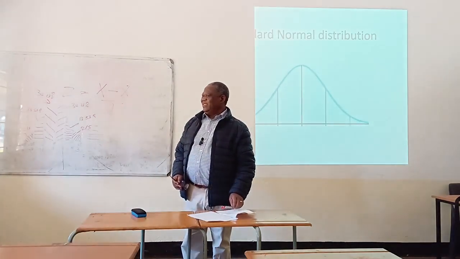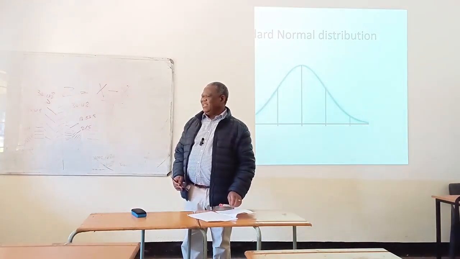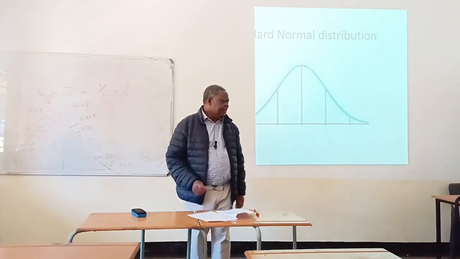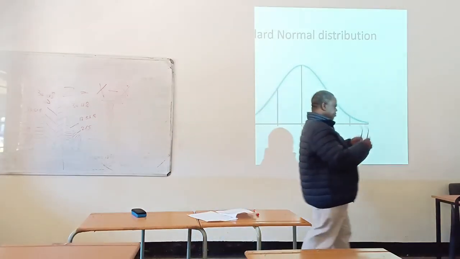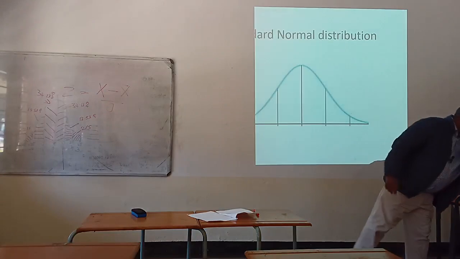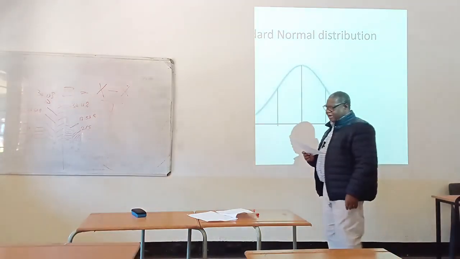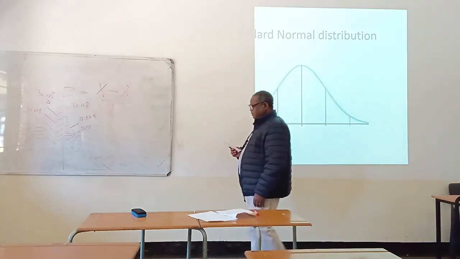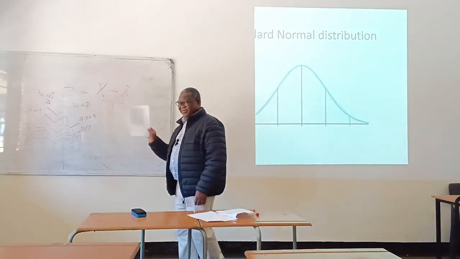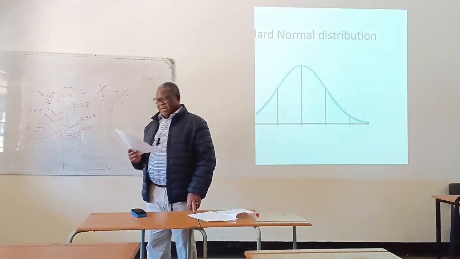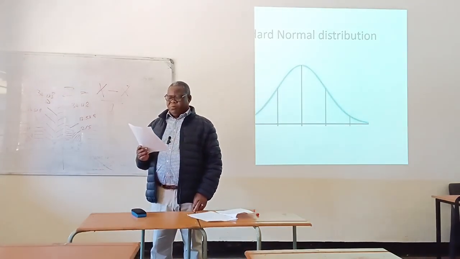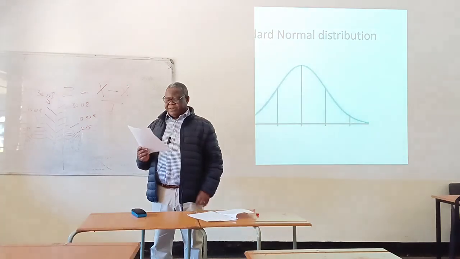If you look at the column which says Z, the first column is saying Z. Look at the point where Z equals 1.00.